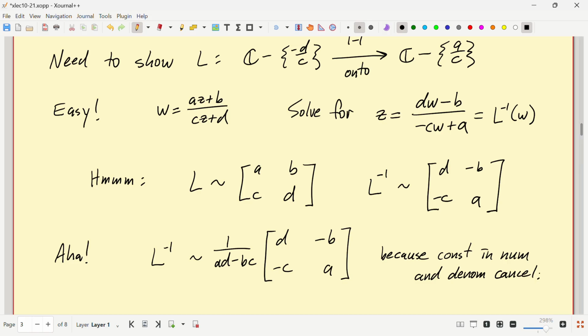So there's some connection between linear fractional transformations and 2x2 complex matrices. And that's how you remember how to calculate the inverse.